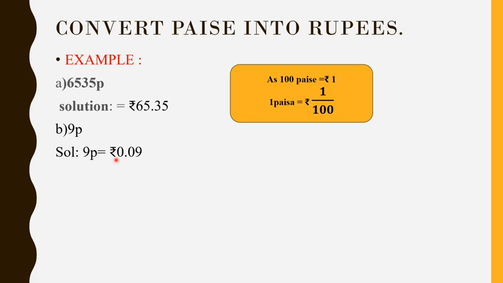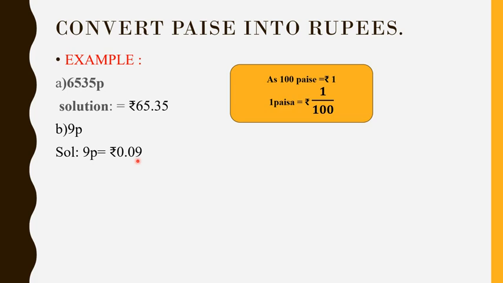But because there is no amount given in rupees, you have to write 0 over there. So we will write rupees 0 dot 09, not 90 or only 9, 09.